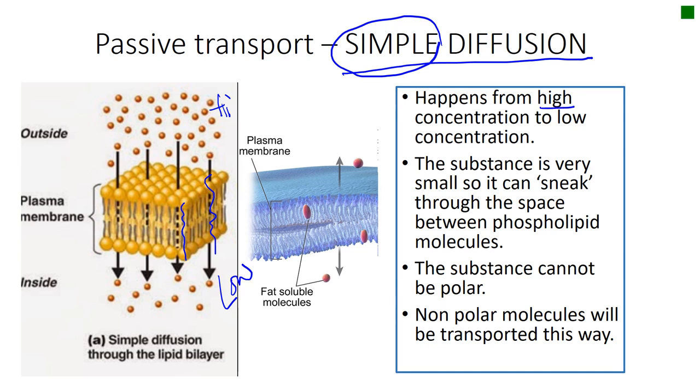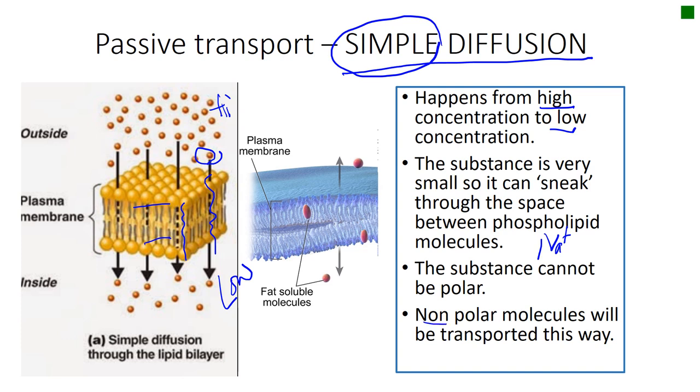It must come from high to low concentration. Therefore, no energy is required. And the substance has to be something that is non-polar, because if it is a polar molecule, such as sodium ion, it will be rejected by the hydrophobic layer, this part.